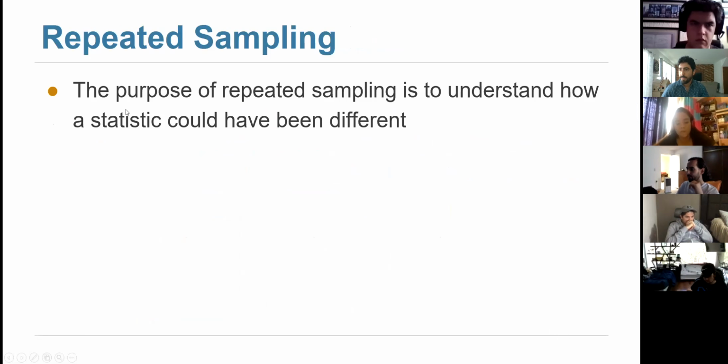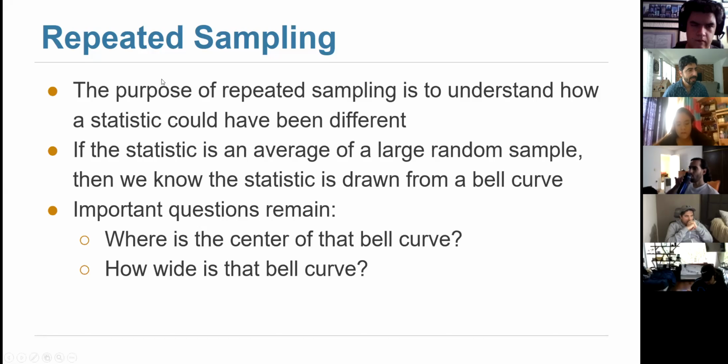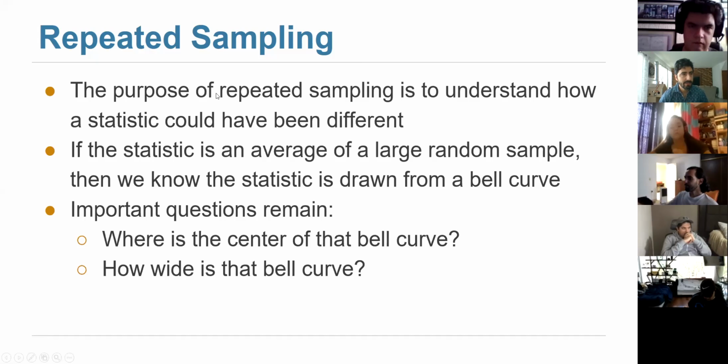So what I'm trying to say here is that the purpose of repeated sampling is to understand how a statistic could have been different. That's the whole idea. We were taking a lot of samples from our distribution to study how a statistic could have been different for our samples.